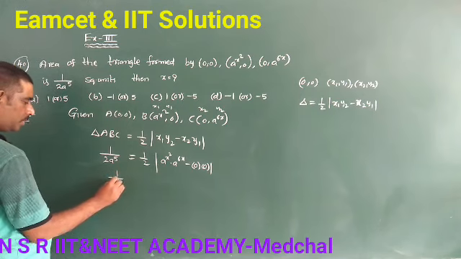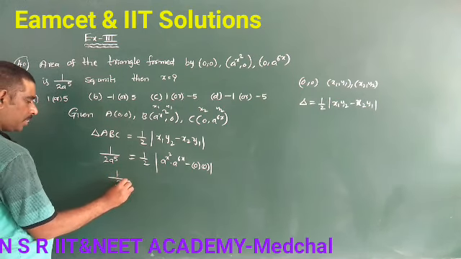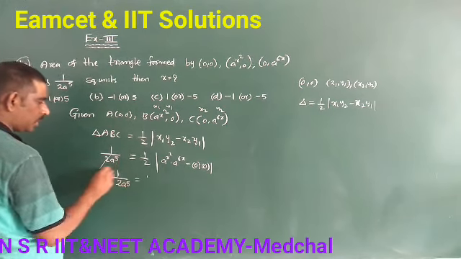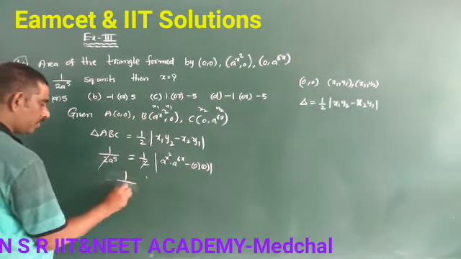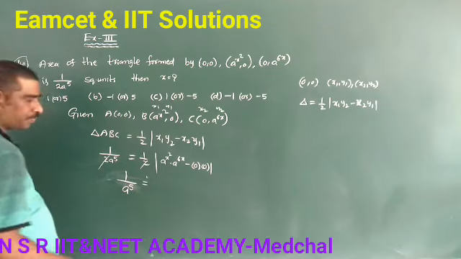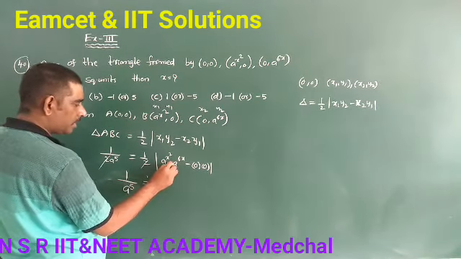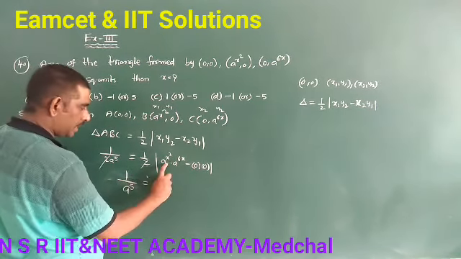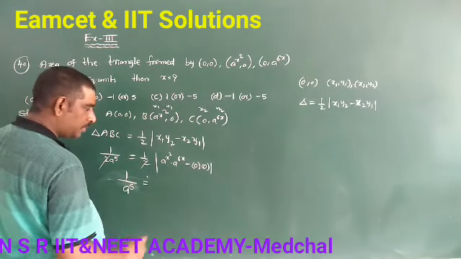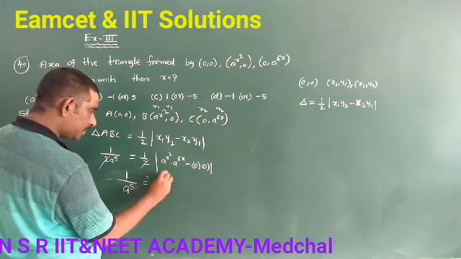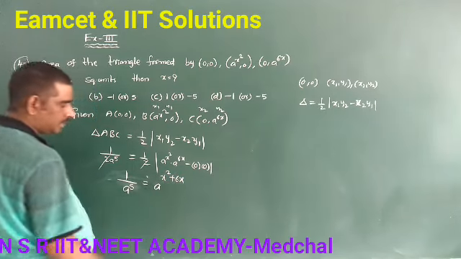So 1 by 2 into a to the power 5 equals this, and the 2 gets cancelled. We get 1 by a to the power 5 equals a to the power x square into a to the power 6x. Since x power m into x power n, the bases are equal, so the powers should be added: a to the power x square plus 6x.